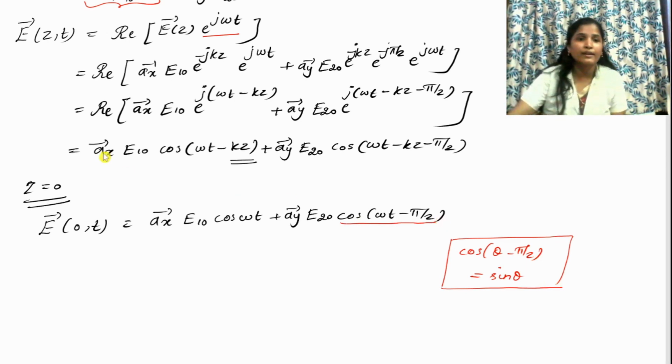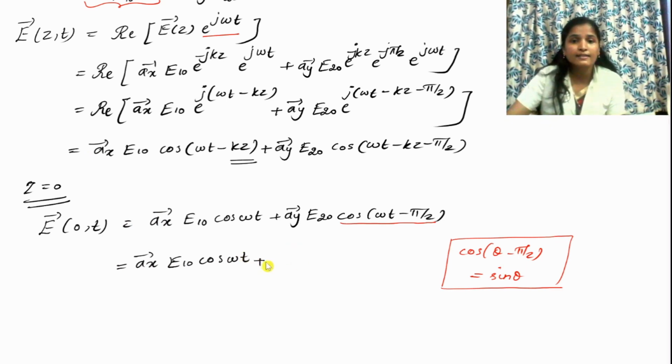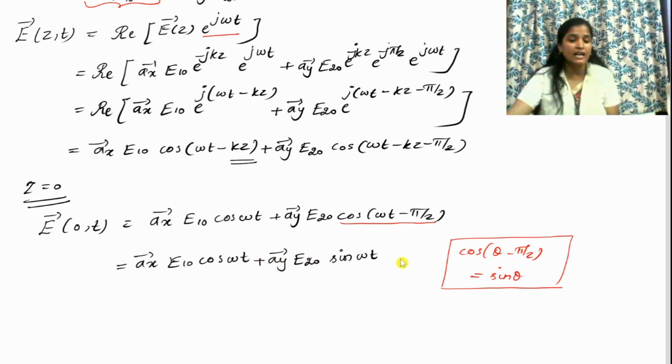We write the same equation again: a_x vector E1 naught cos omega t plus a_y vector E2 naught sin omega t. This is our instantaneous expression at z equal to 0.